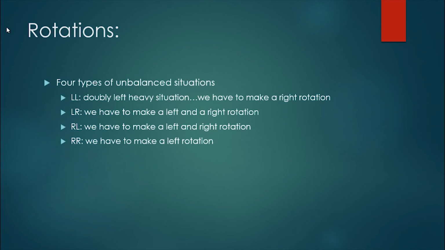We have the situation when there's an imbalance that is right heavy followed by a left heavy situation. Then we have to make both left and right rotations. And of course we have the situation when both of the situations are right heavy, and then we have to make a left rotation.